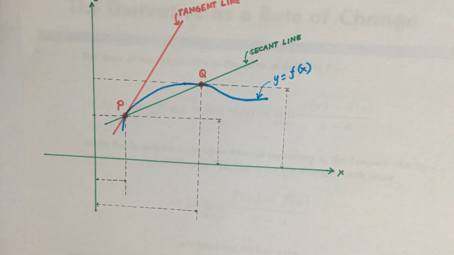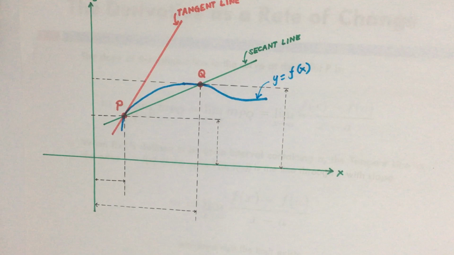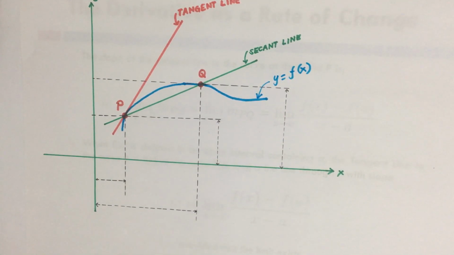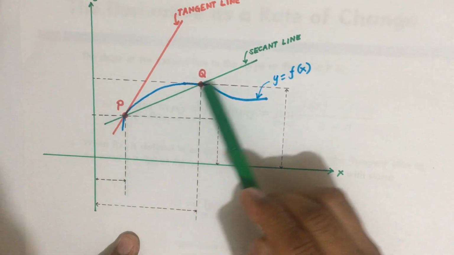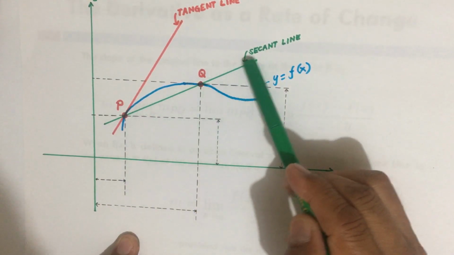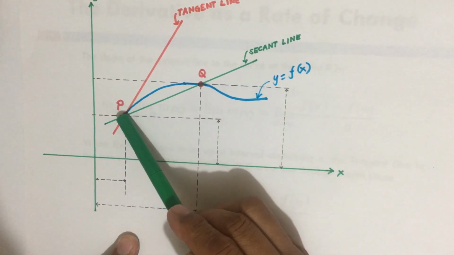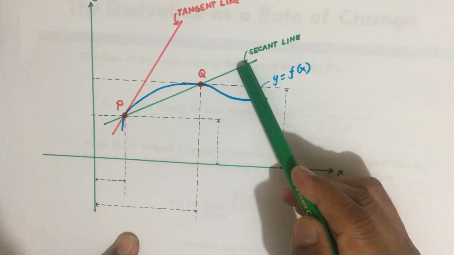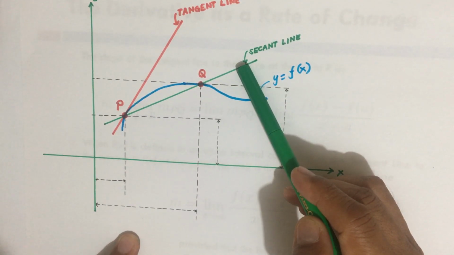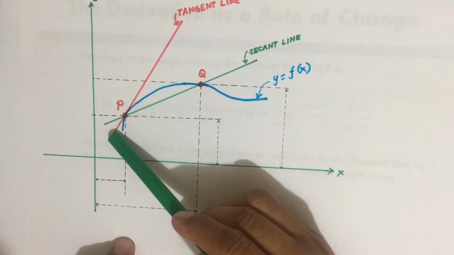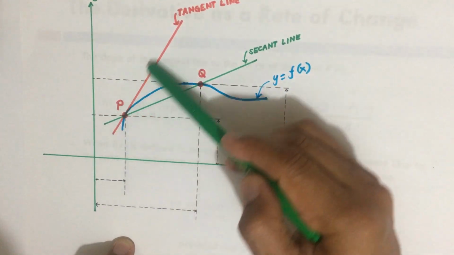The line that crosses at 2 points on the curve is what we call the secant line. It intersects at least 2 points on the curve. And a line that intersects at 1 point on the curve is what we call the tangent line.